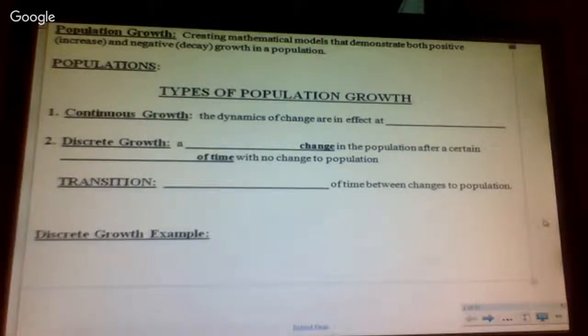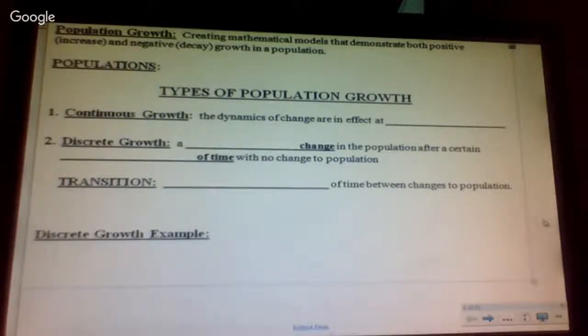Both of these sequences are in terms of population. So we're going to create mathematical models that demonstrate positive growth, so the population is growing, or negative decay in a population, where the species is dying off.